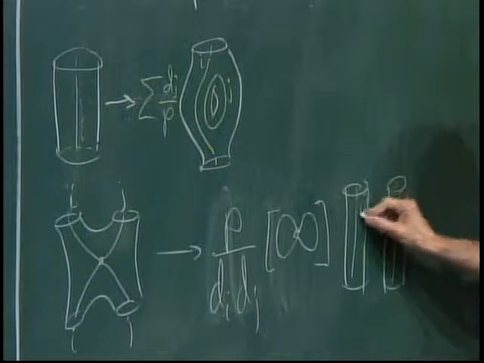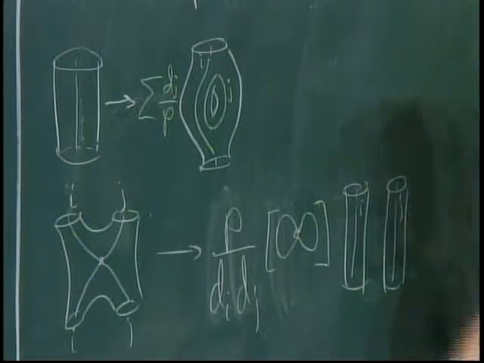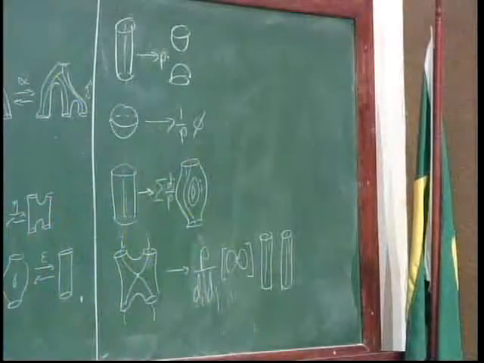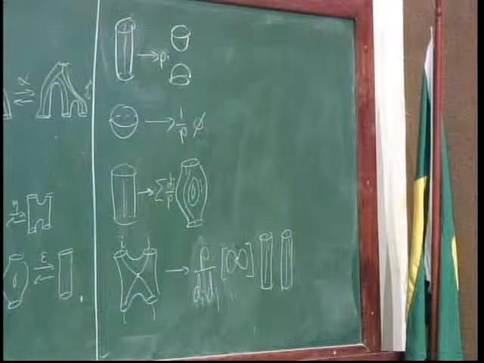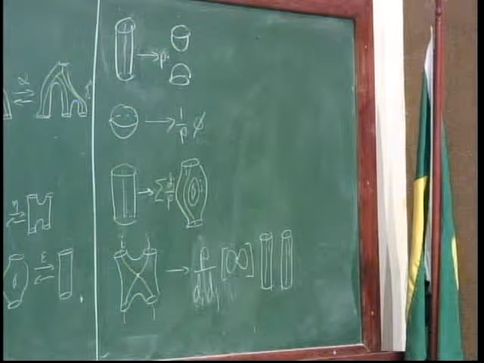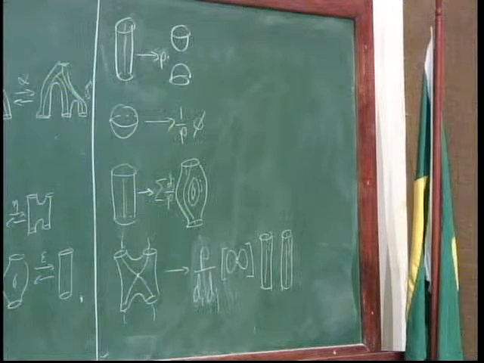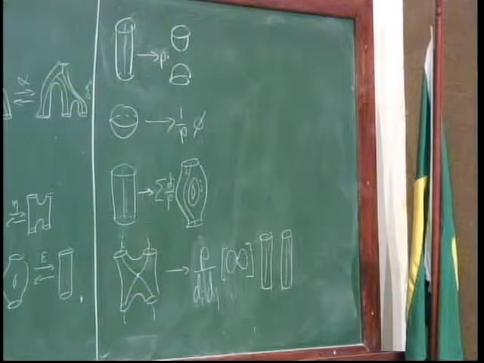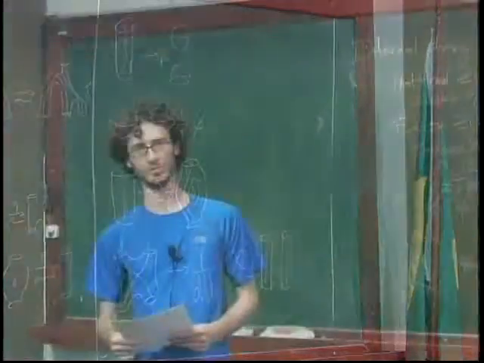Okay, so I'm realizing that this was a lot, but hopefully it gives you a sense that you can just explicitly write down what happens. So I've now told you what happens on every generating 3-manifold.